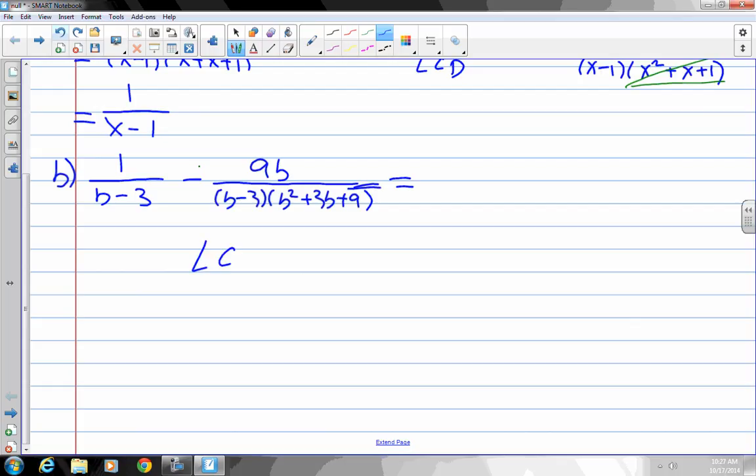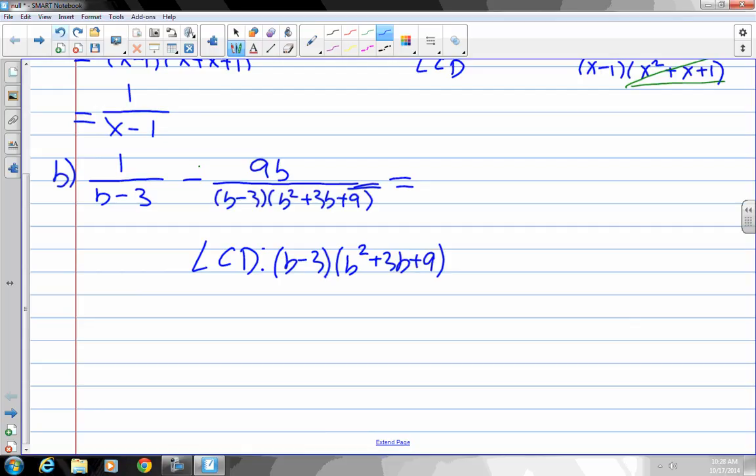So what is the LCD? B minus 3? Is that it? What is the LCD? Yeah, so I need both of those, right? We need all distinct factors pulled together.